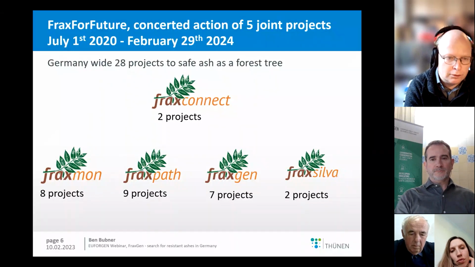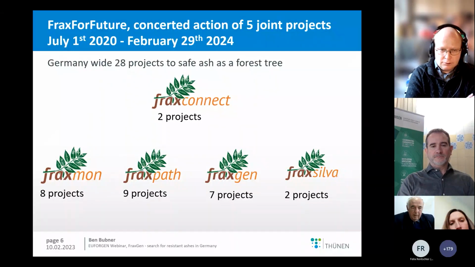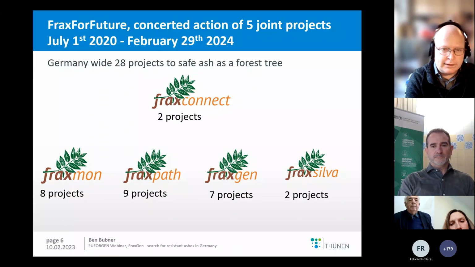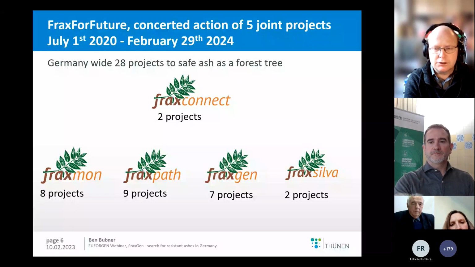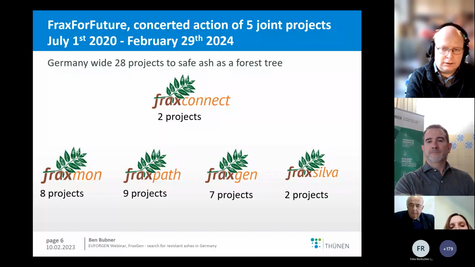In Frax Mon, the projects deal with monitoring of ash dieback, including terrestrial monitoring plots, but also remote sensing. In Frax Pat, the projects deal with the pathology of Hymenoscyphus fraxineus, and in Frax Gen we deal with the genetics of ash, and we select the tolerant trees.